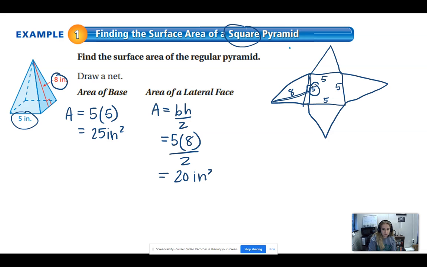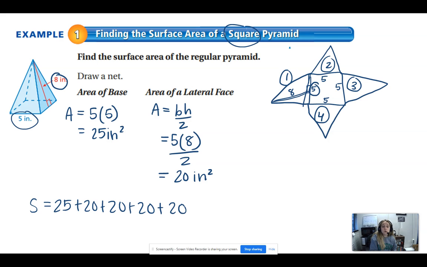Now, the last piece is I'm looking at my formula and it says surface area is the area of the base plus the areas of the lateral faces. Notice you have 1, 2, 3, 4 lateral faces. So my final step is to add them all together. The area of the base, we only have one base, so we're going to write 25 plus we have 1, 2, 3, 4 lateral faces.